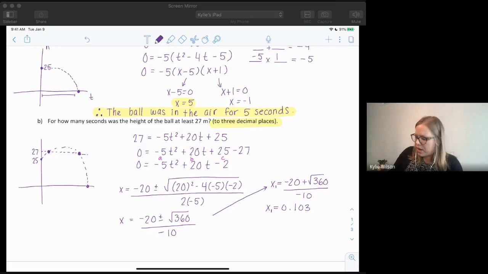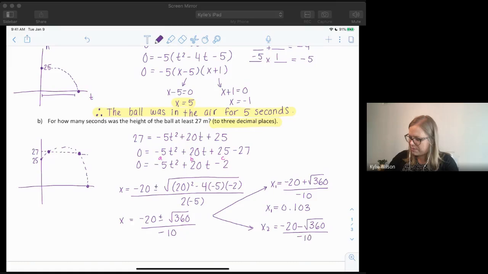And then we have our other x when I'm going to subtract. So x2 is going to be negative 20 minus root 360 all over negative 10.